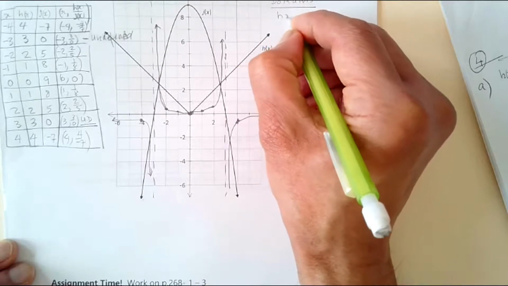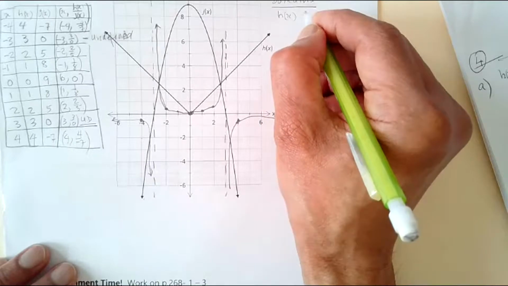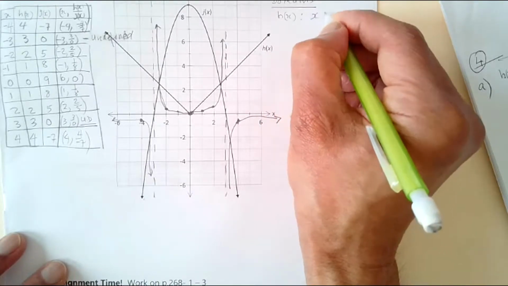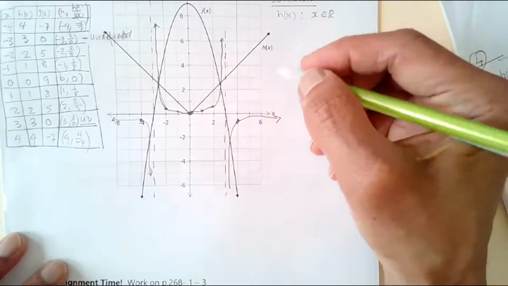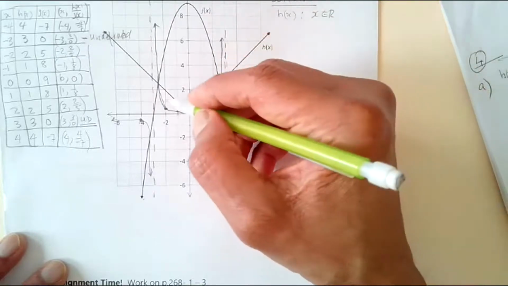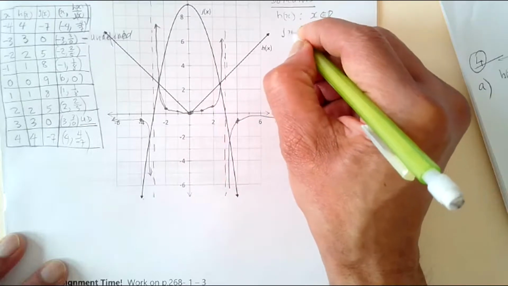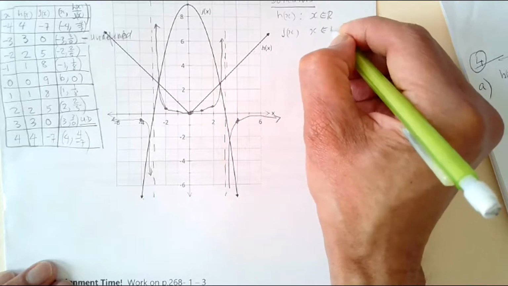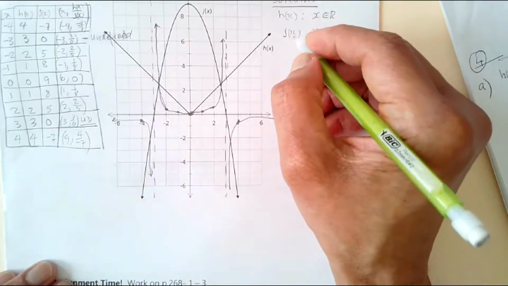So h of x, you can tell right away will be all the real numbers. The domain for g of x will also be all the reals because it's going from -infinity to +infinity.